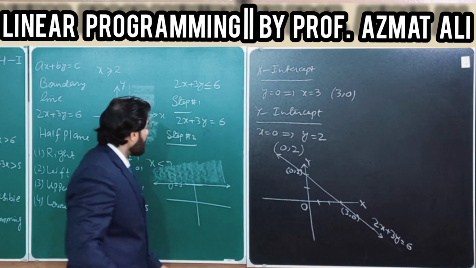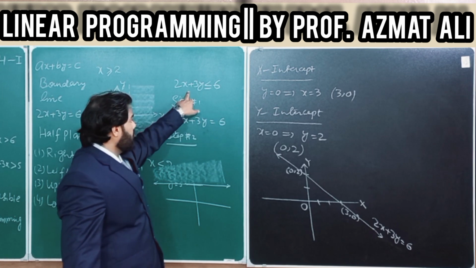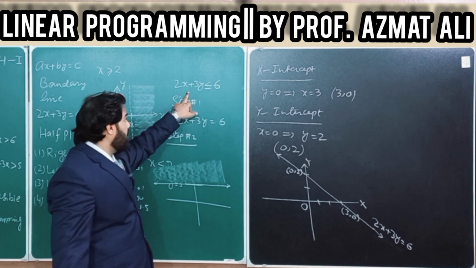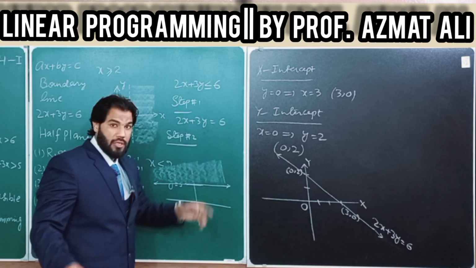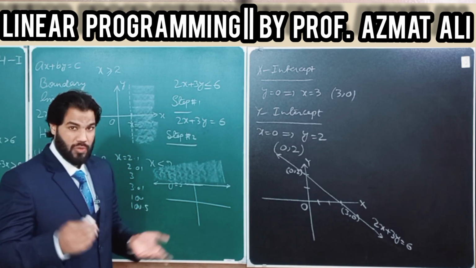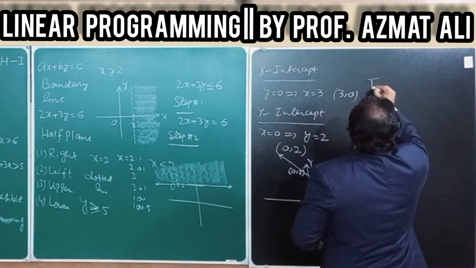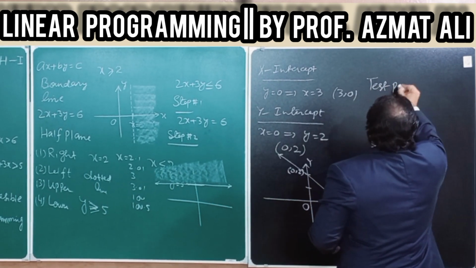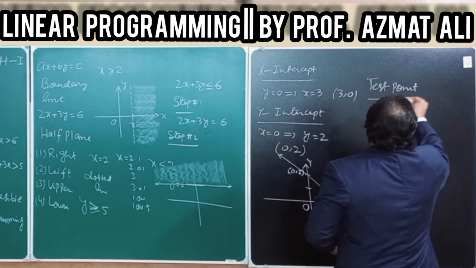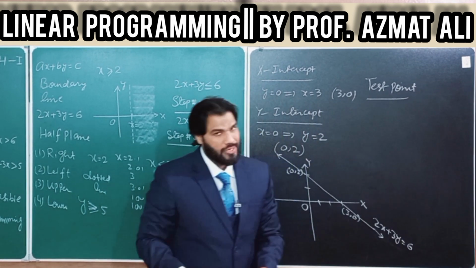Next, our target is to find the graph of this linear inequality 2x plus 3y less than or equal to 6. Now we need a test point. So firstly, how can we define a test point?